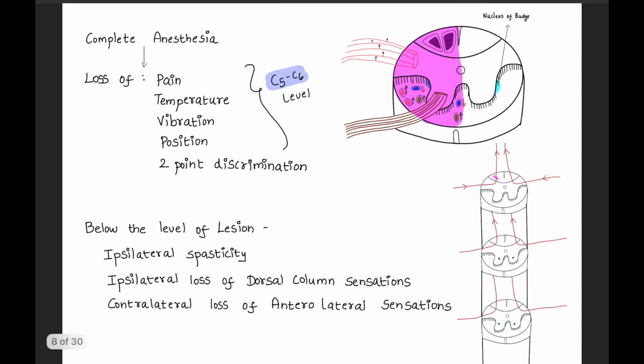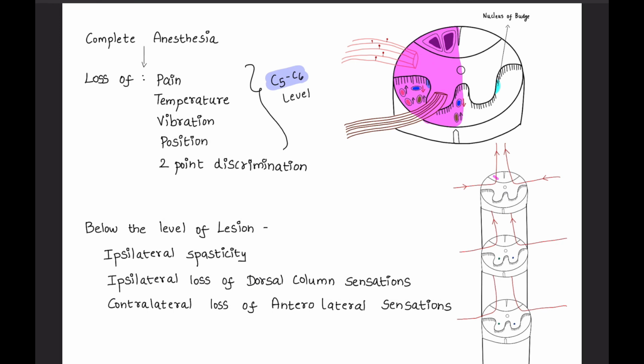Why contralateral loss of anterolateral sensations? As you know the pathway, the sensory nerve fibers on the anterior side and the lateral side will cross and go upwards. So there will be contralateral loss of anterolateral sensation.